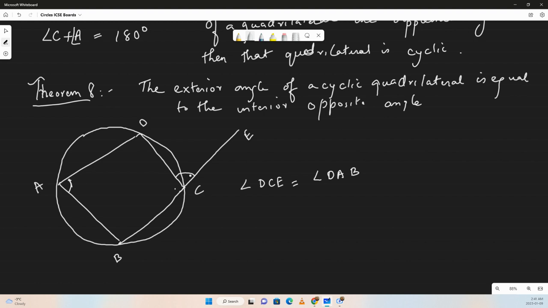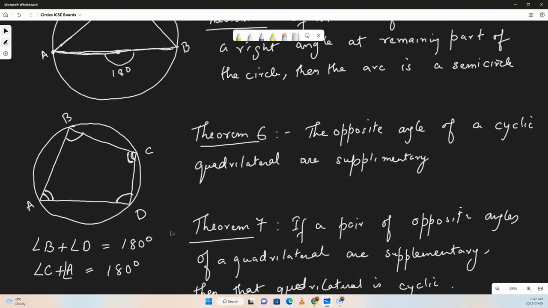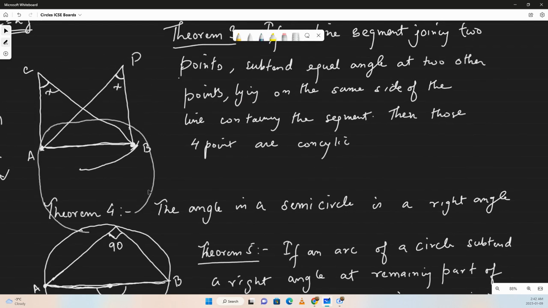Okay, and we explained it, right? So exterior angle equal to the interior opposite angle. So these 8 theorems are super important. Let's just glance over them one more time before we move on to our questions.